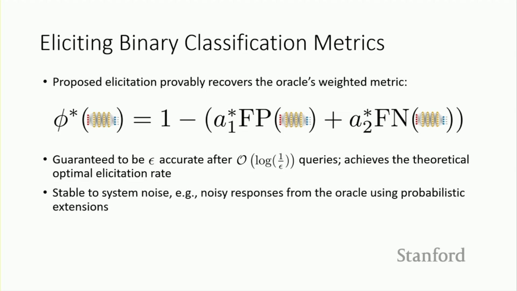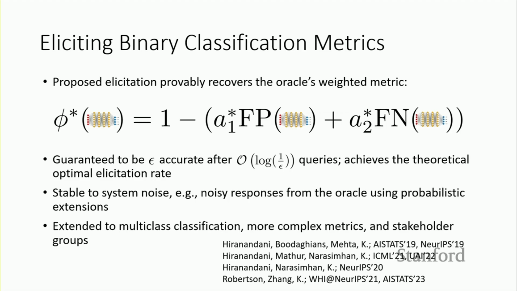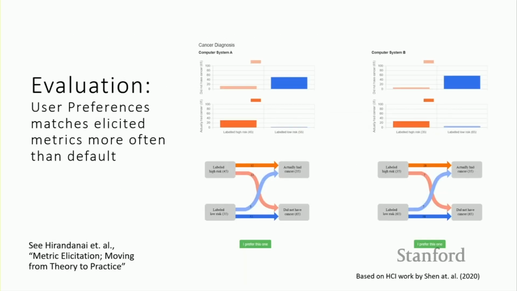Okay. There's a little bit of extra work adding various kinds of noise. We call people Oracles in this work, so you can use some public extensions to handle some of the noise. I'm not going into this. There's a bunch of other papers to look at for handling multi-class settings, more complex metrics, and different kinds of stakeholder group settings.